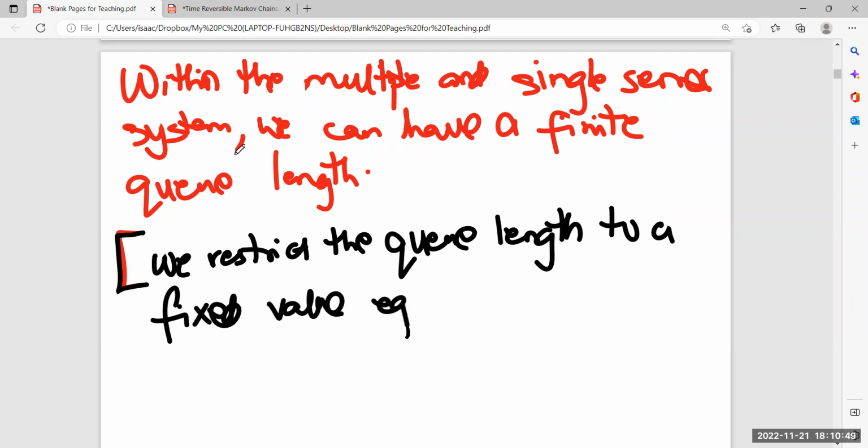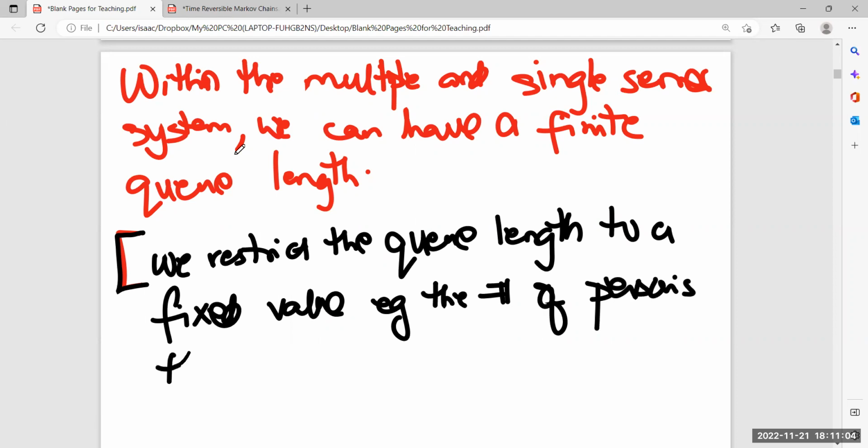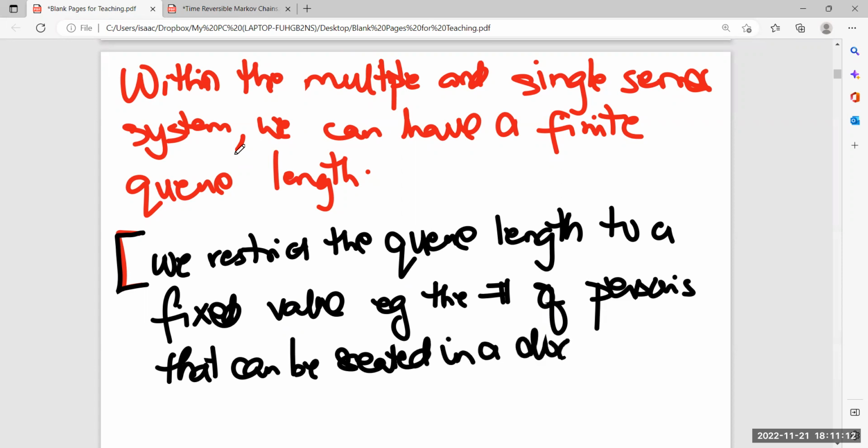For example, the number of persons that can be seated in a doctor's office.